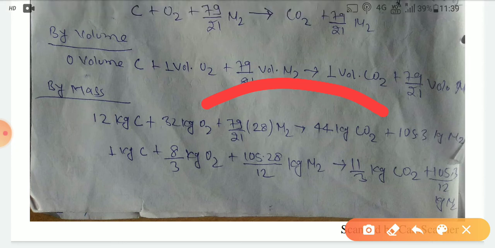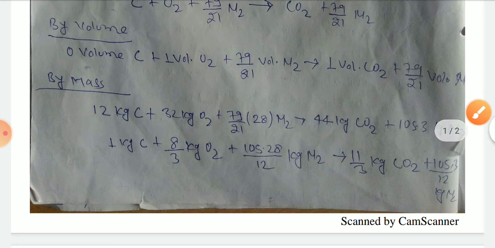If I write on the basis of 1 kg of carbon, it requires 8 by 3 kg of oxygen and 105.28 by 12 kg of nitrogen to give 11/3 kg of carbon dioxide plus 105.3 kg of nitrogen. So that is your main equation.